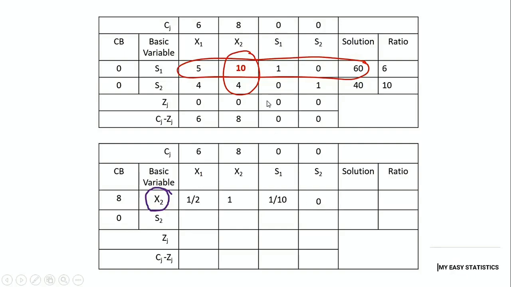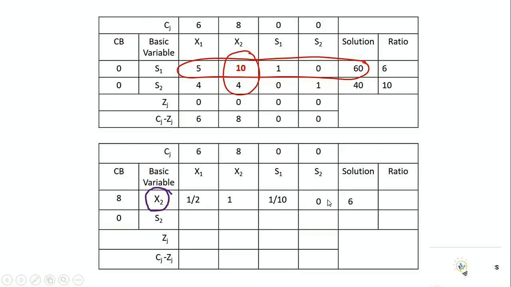To do this one, identify the key element. 10 is called key element. Divide all the values in the row by 10. Now we are going to get 5 by 10, 1 by 10, 10 by 10, 1 by 10, 0 by 10 and 60 by 10 is 6. So these are the new values for x2.